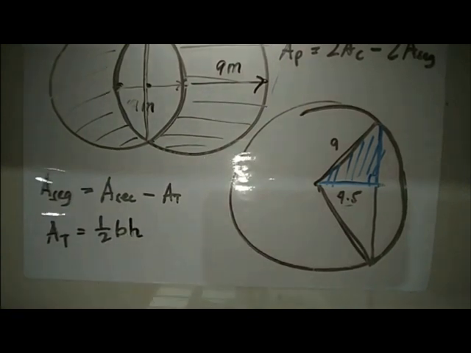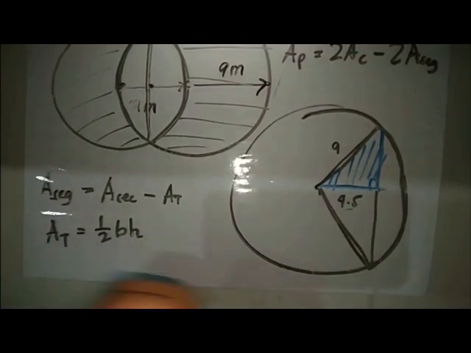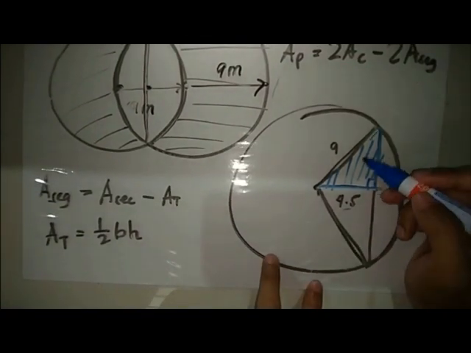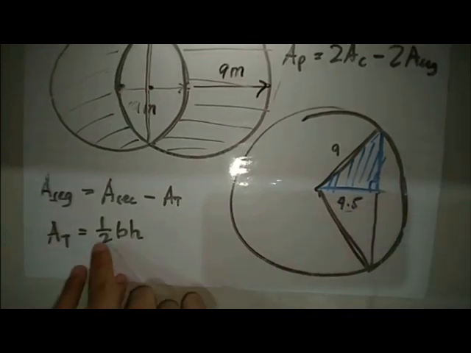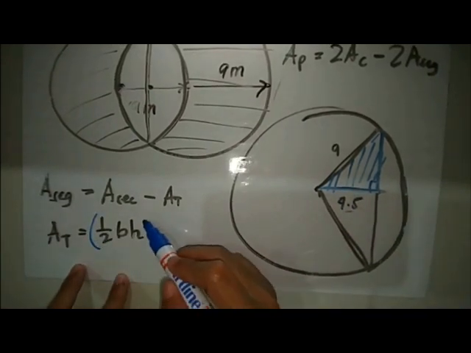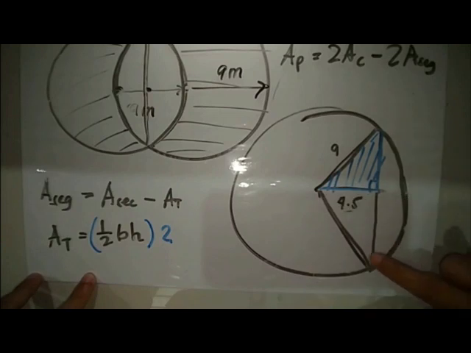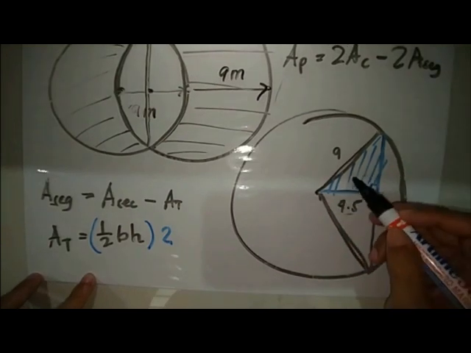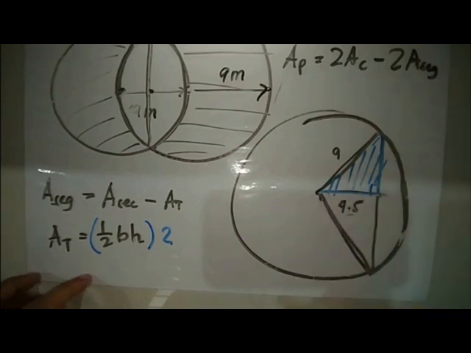Ang area na makuha natin ay kalahati lang ng triangle, meron pang isa, so times 2 dapat yan. Nirevise natin yung equation since dalawa yung makuha natin, para makuha yung kabuuang triangle.